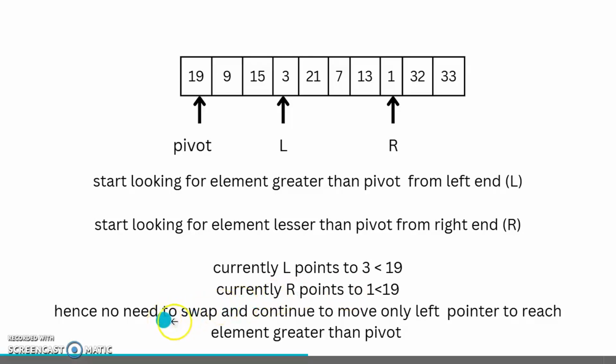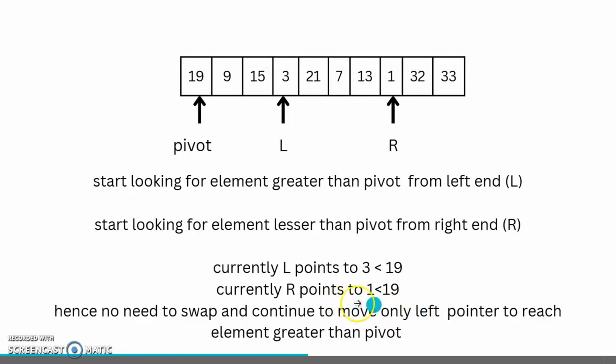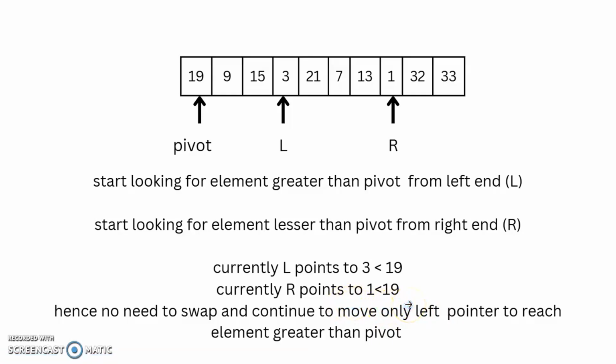So there is no need to swap, but continue to move only the left pointer to reach an element greater than pivot. Why am I moving only the left pointer? Because the right pointer points to an element which is lesser than pivot, but on the left side I am expecting an element which is greater than 19, but currently the pointer points to an element which is lesser than 19.